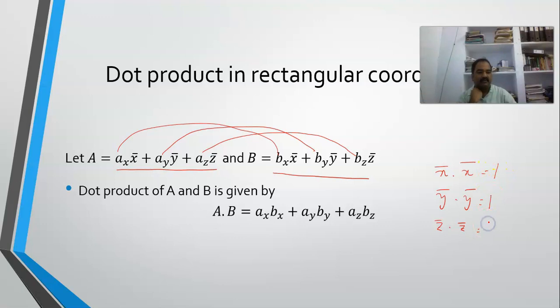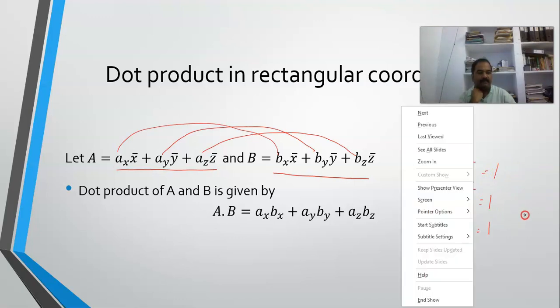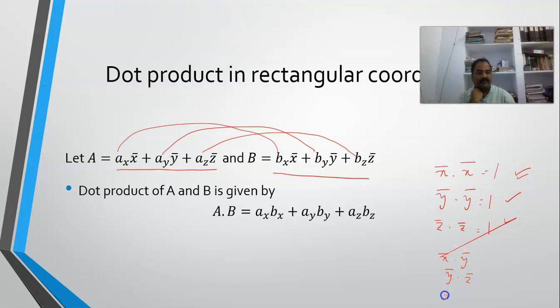Whereas if you take y dot z or z dot x, all these terms result in 0, because the angle between these two vectors is 90 degrees, and cos 90 is 0. So that's why the dot product is given by the multiplication of like quantities: Ax bx, Ay by, and Az bz. So this is the dot product.